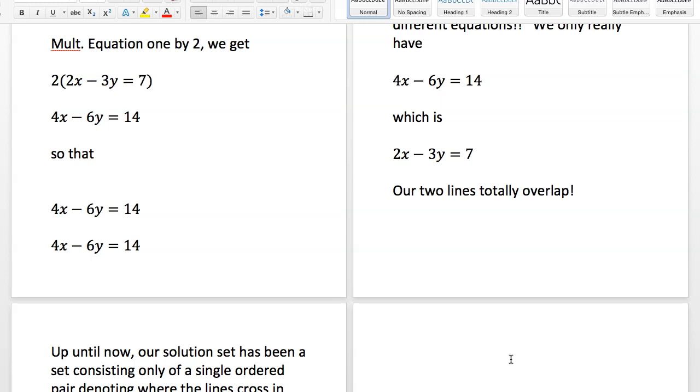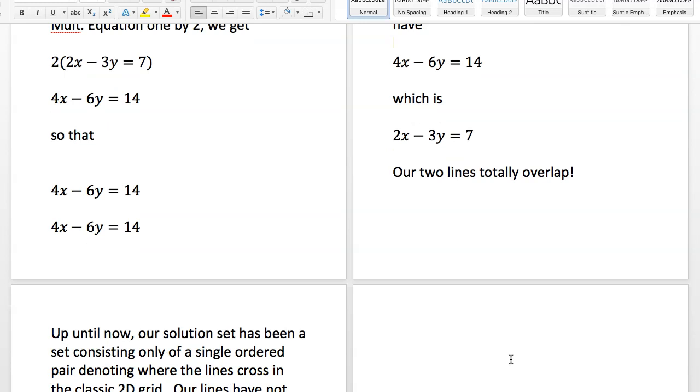Our lines have not yet been parallel or overlapping for that matter. They have neither been parallel nor have they been overlapping.